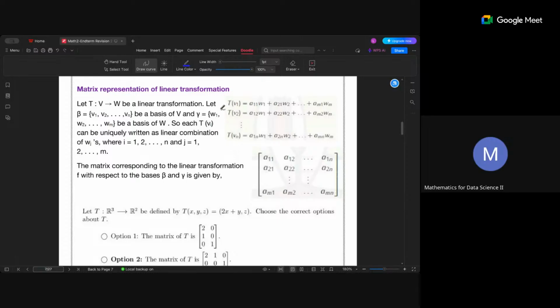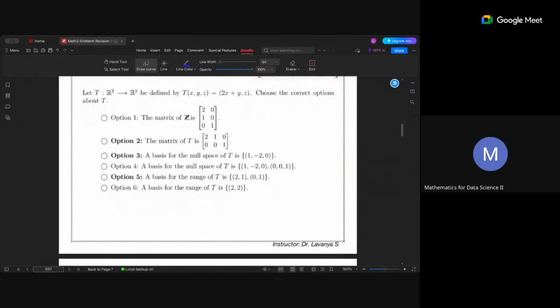Then you write each of these transformed vectors as a linear combination of the basis elements of the codomain. You take these coefficients for V1, V2 up to Vn and put them as columns of a matrix. That gives you the matrix representation of T with respect to beta and gamma.